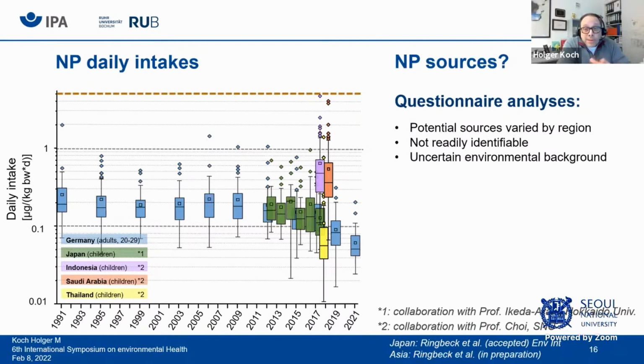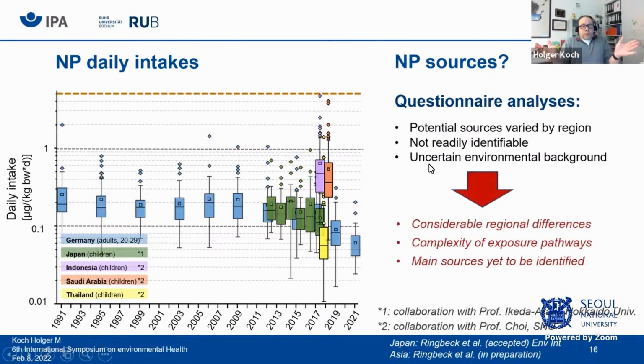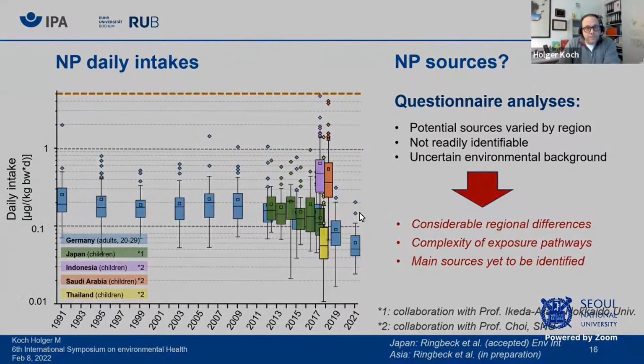They could not be readily identified. And of course, in all these regions, we have an uncertain environmental background. So for now, we can only state that there are considerable regional differences in NP exposure, that there is quite a complexity of exposure pathways, and that the main sources of exposure next to environmental background exposure yet need to be identified.